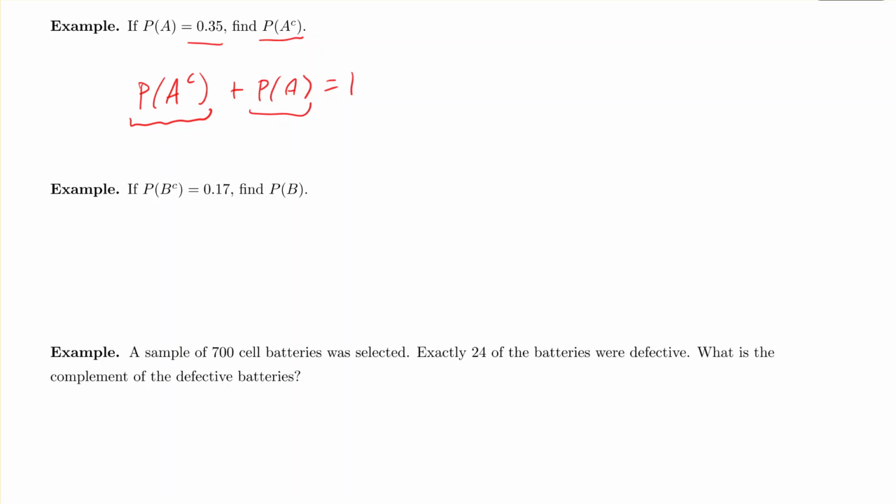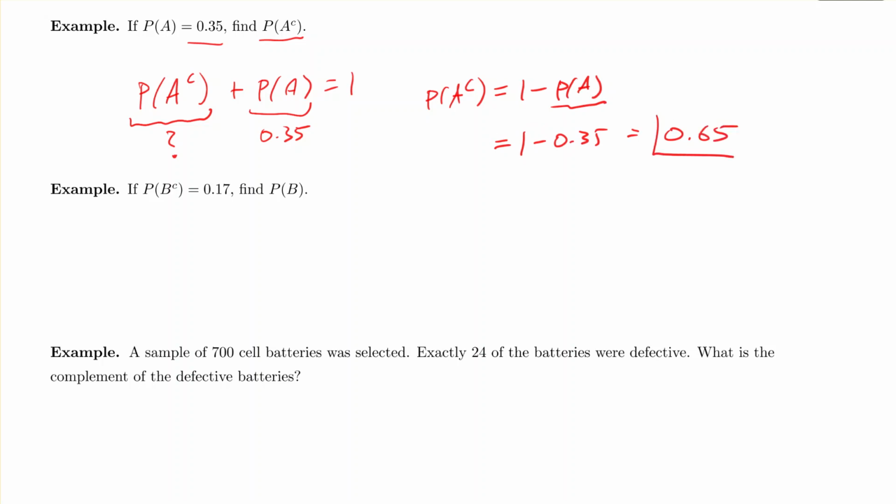I wrote that backward, didn't I? We want to know this one, and we already know this probability is 0.35. So probability of A to the C equals 1 minus probability of A. Probability of A is 0.35. So this is 1 minus 0.35, which gives us a probability of 0.65.